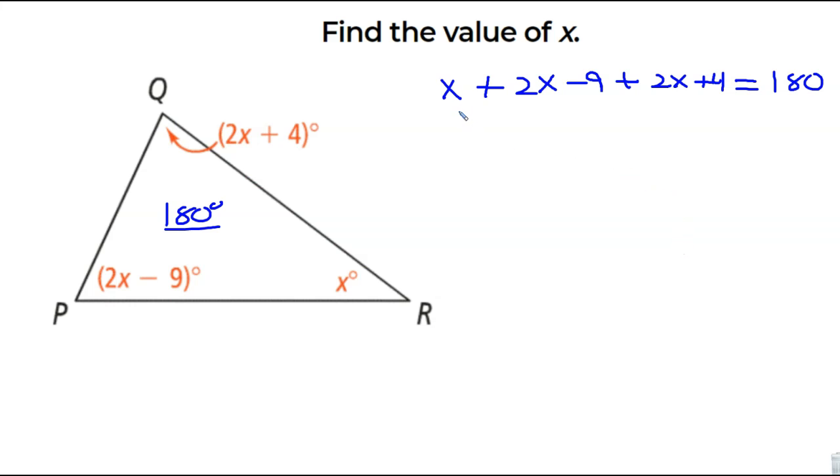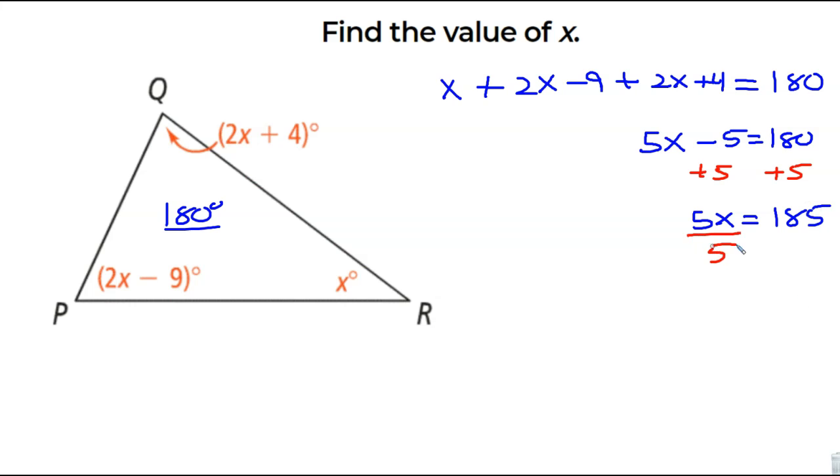Okay, we'll combine like terms. x plus 2x is going to give us a 5x. And then negative 9 plus 4 will be a negative 5 is equal to 180. I'm going to add 5 to both sides of this equation, which will give me 5x is equal to 185.